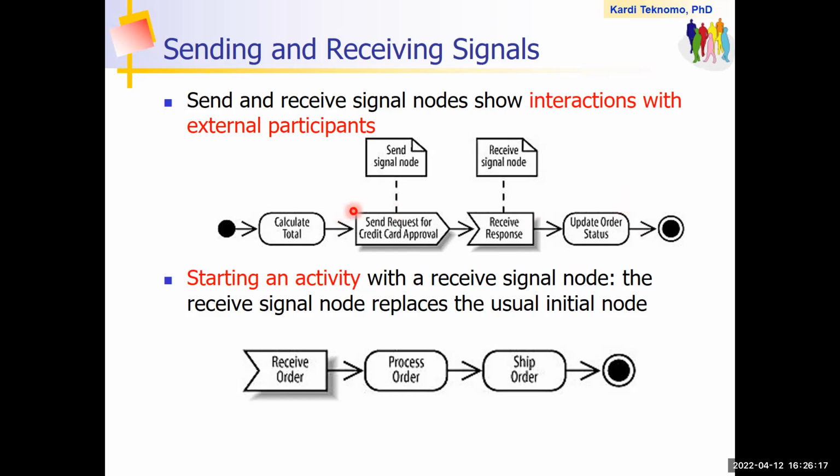This kind of shape represents sending a signal to another system. Again, this is when you start the activity by receiving: when you receive the order, you process that order and then you ship the order. Again, all of these are activity diagrams that represent a business model.